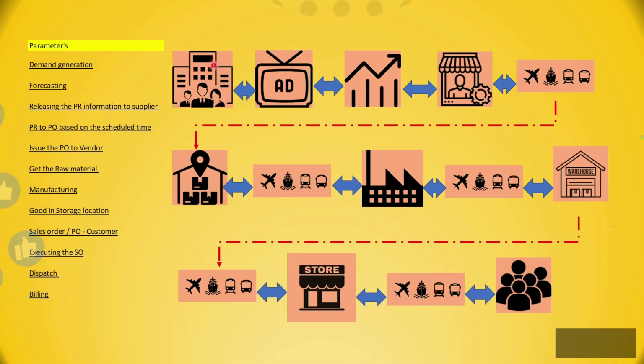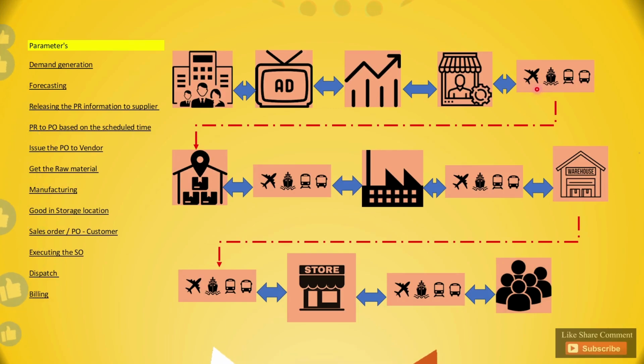So the moment this ad will get on air, there will be a demand into the market and we need to design the forecast. The moment we have forecast, then we need to have purchase requisition for the supplier along with the PO. The moment we release the PO, then that particular supplier will dispatch the raw material through the transportation mode. Transportation mode could be through air, through ship, through train or through truck.